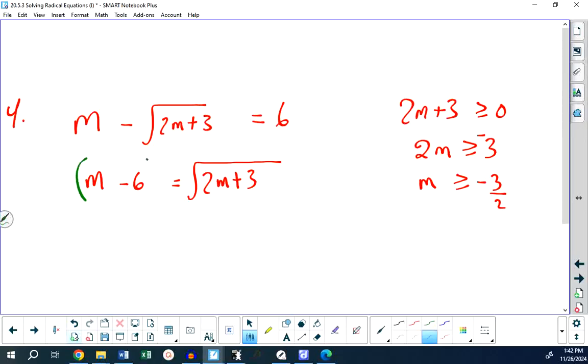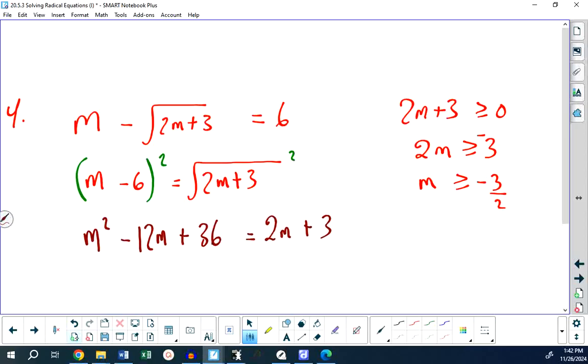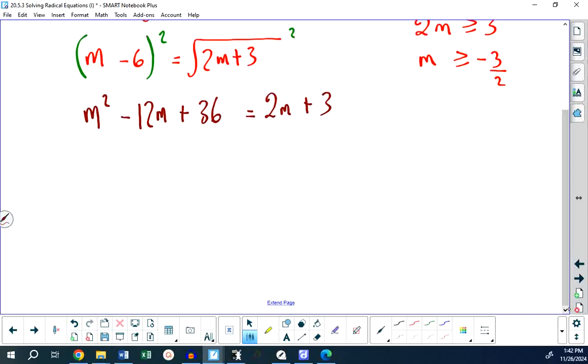So I isolate the radical, and I square both sides, and I get m squared minus 12m plus 36 equals 2m plus 3. Just in case you're wondering, the m minus 6 squared is m minus 6 times m minus 6, and I'm foiling that out to get m squared minus 12m plus 36.